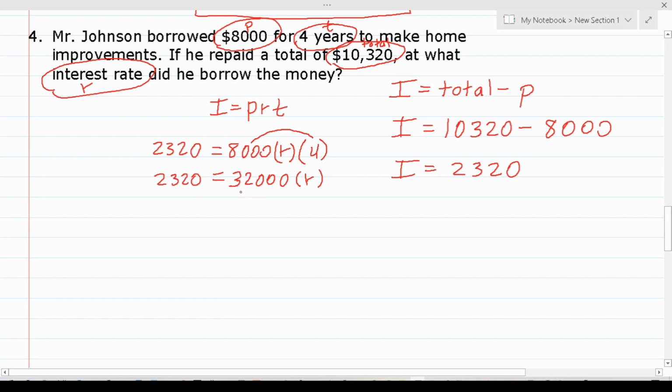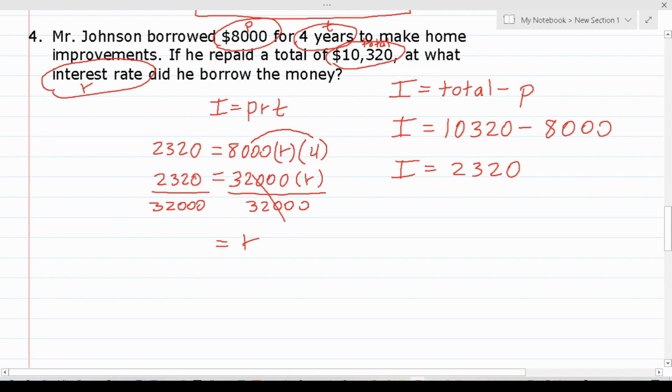To get R by itself, we're going to divide both sides by 32,000. This is going to cross out, leaving us with just R on this side. And as we can see, R equals 2,320 divided by 32,000, which is a lot of work.